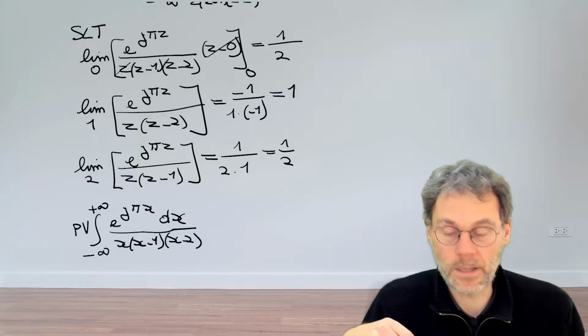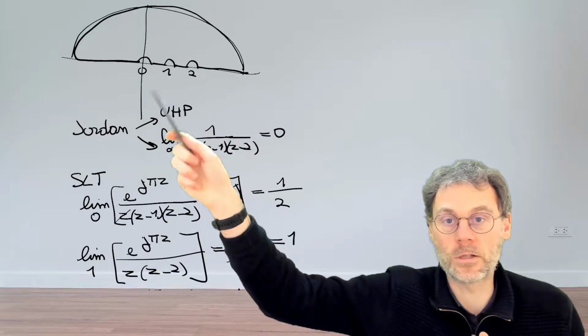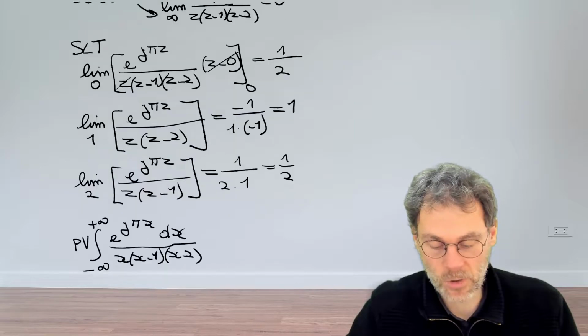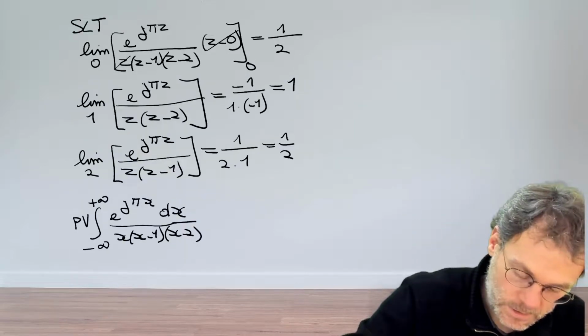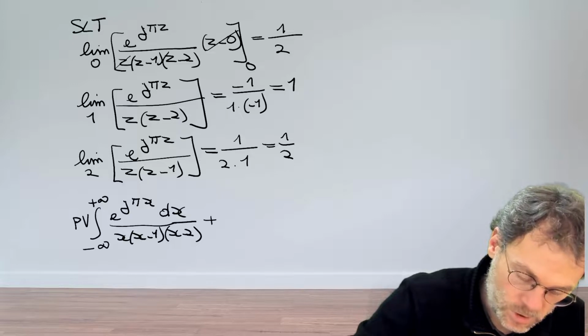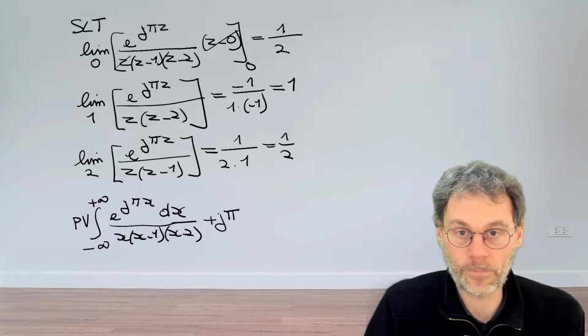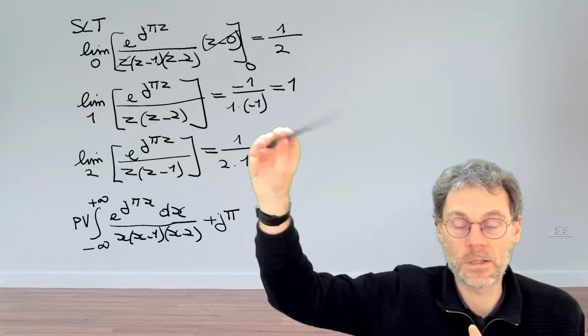And then we obviously still have the contributions from these three little circles, of which we calculated the relevant limits here. So this is going to be equal to j times pi. Well, actually not pi, but rather minus pi, because we traverse it in this direction.